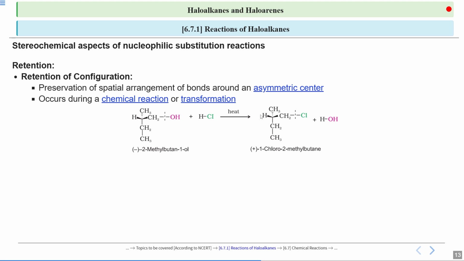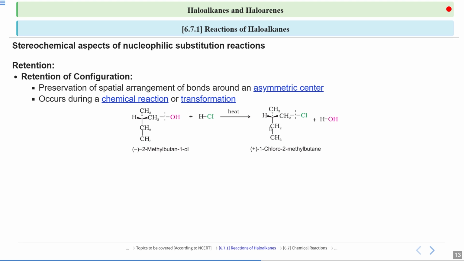After heating, you will get this product, positive 1-chloro-2-methylbutane. That means at the first position you get the chlorine, at the second position the methyl stays the same, and there is the butane chain, plus H2O as a side product after the addition of hydrogen and hydroxyl group. The positive sign represents that this product is dextrorotatory.